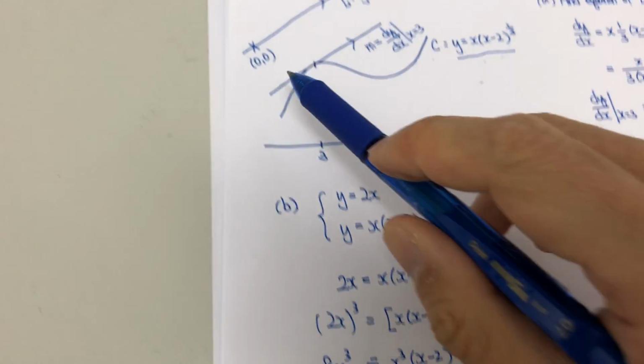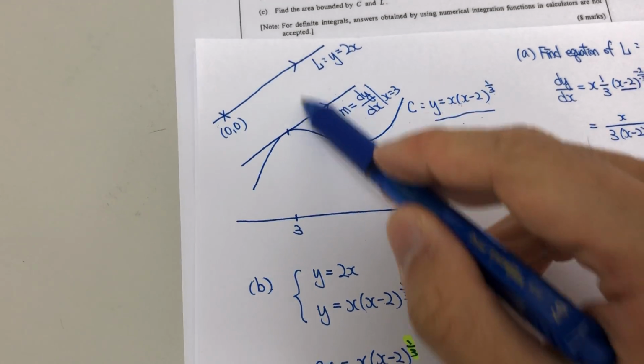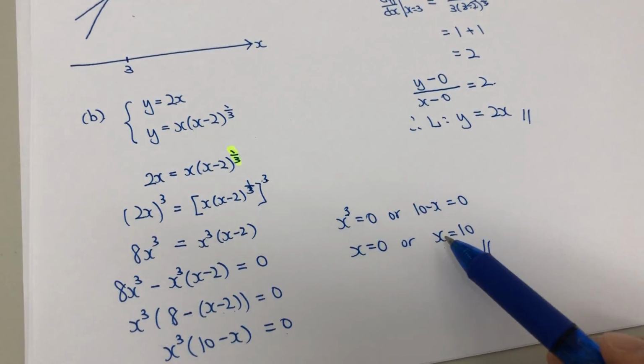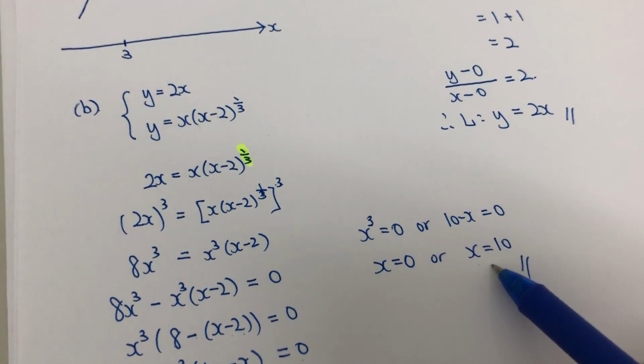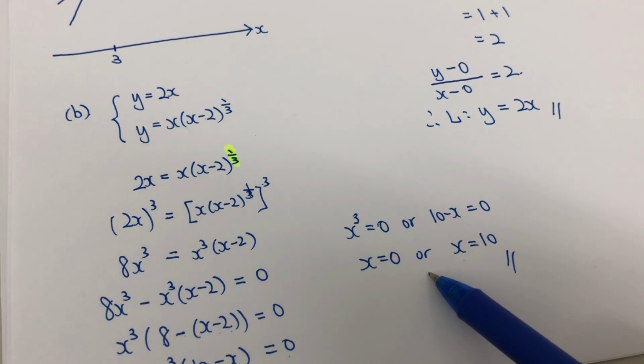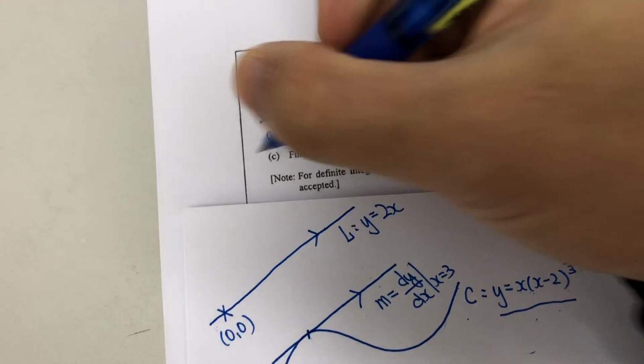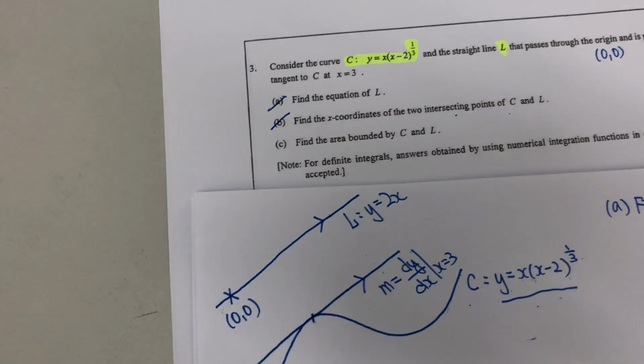Therefore, we know that the line and the curve meet at 2 points, and the values of x are x equal to 0 and x equal to 10. So we just need to find the x coordinates of the two intersection points. We do not need to find the y. Okay, done.